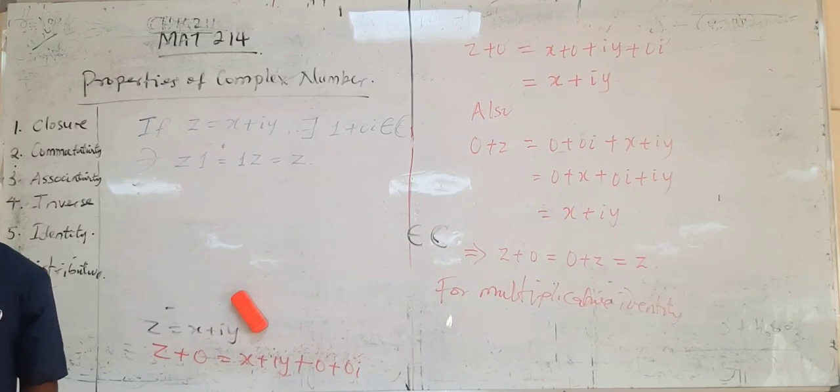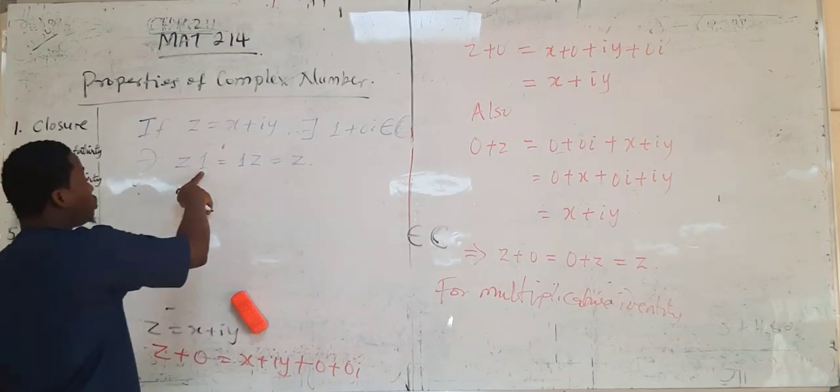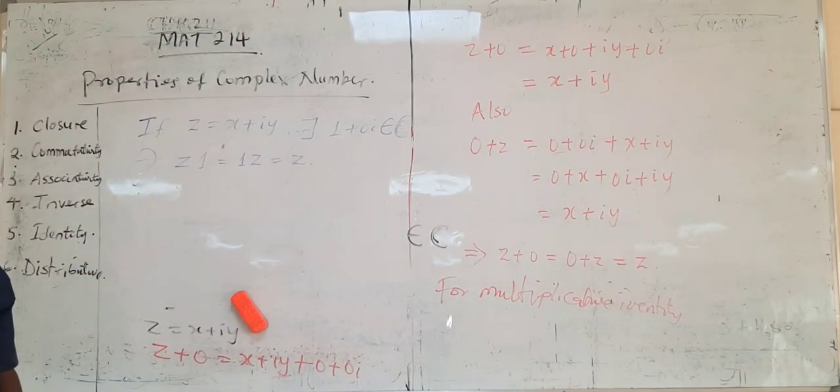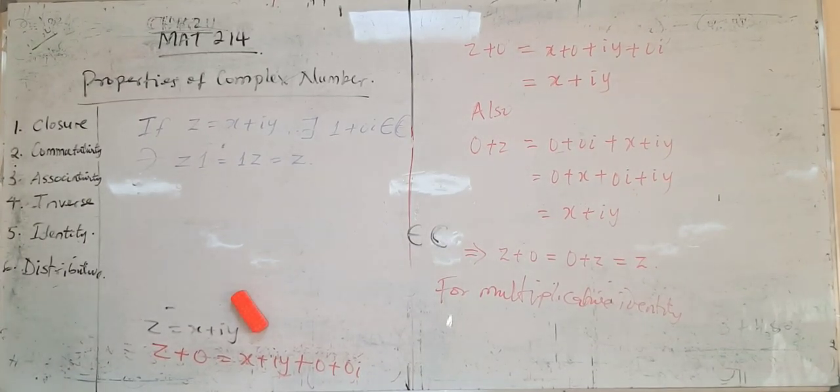We're still giving the same answer. Whenever you multiply 1 with z and you do not change the value, that makes it the multiplicative identity.